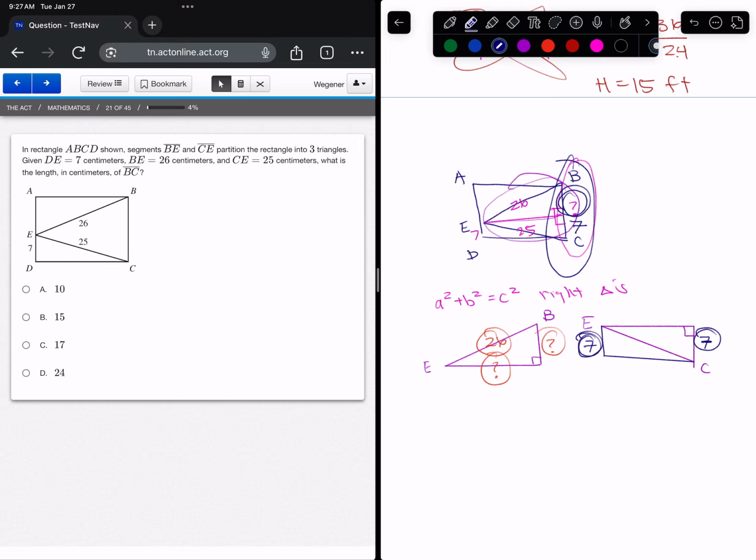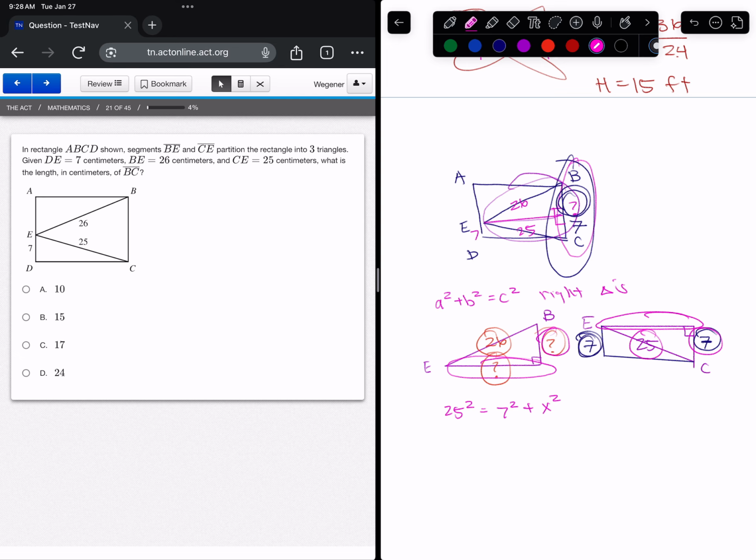So let's see, what else did they give us? They gave us that this one right here is 25. Well, I got two values right here that I can use to find this value, and this is the value for this triangle, so that will help me find ultimately what's left of BC. So 25 squared is my hypotenuse, so it's my c squared. So c squared is equal to 7 squared plus, let's just make that x squared, because I don't know what that is.